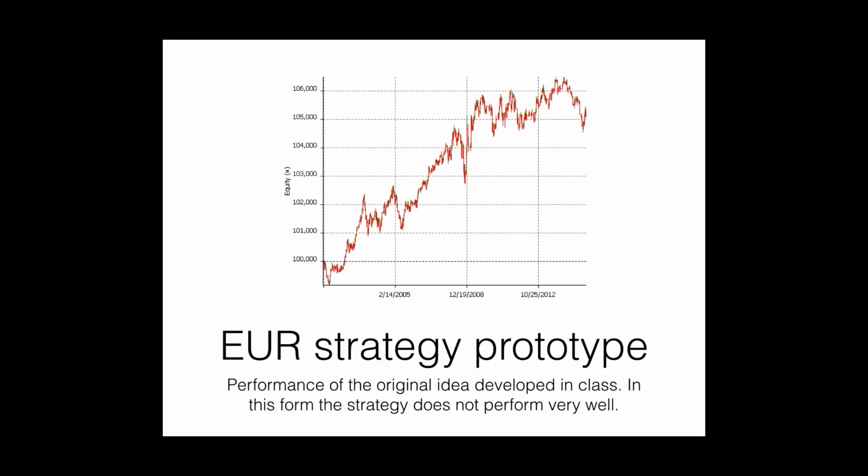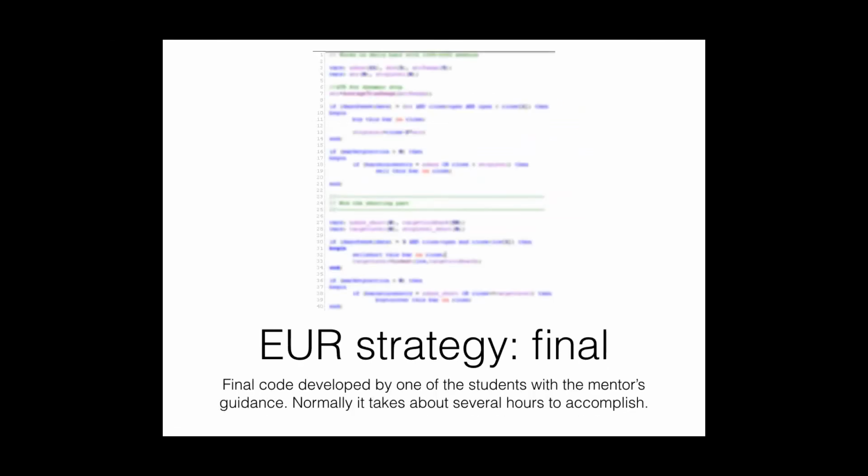And then the student works on this strategy and ends up with a code like this. As you can see, it's much more complex. And it is more complex simply because the student added a lot of special conditions that better describe the pattern of behavior, the situation, or the trading idea itself.